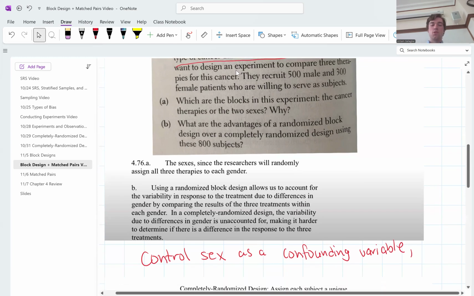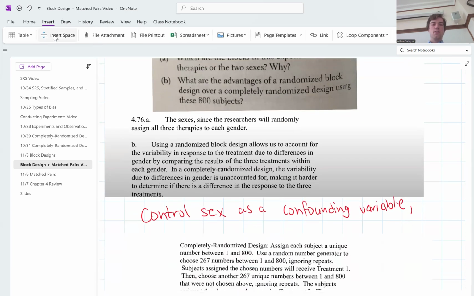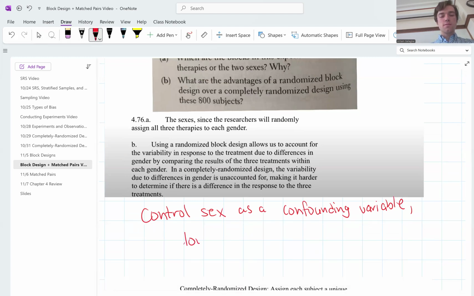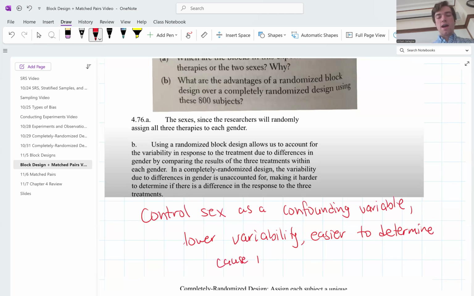And the hope is that this will lower variability, and ideally make it easier to determine cause and effect.